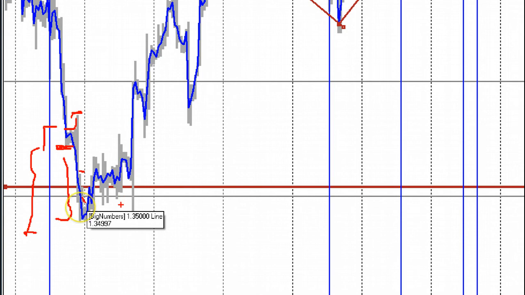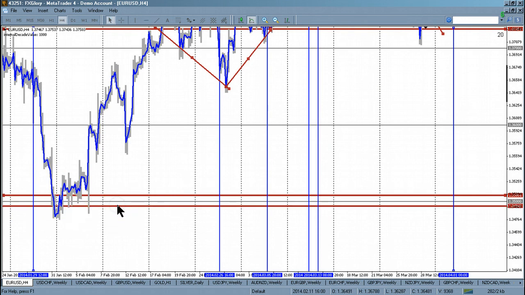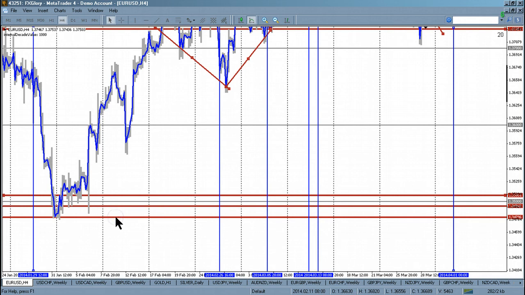Then when you come back in here, you got a big order cluster here. Right at the core center of the doji, you've got a buy limit. And here you got a buy limit. So you have a whole cluster. And if you're really aggressive, which I must say, that's how you make a lot of money, you put a buy limit there, and you put a buy limit here that you never got filled.